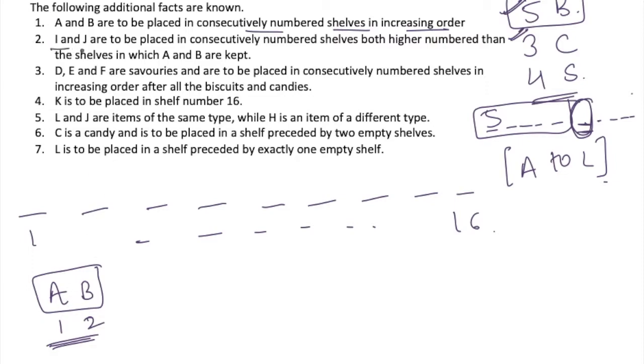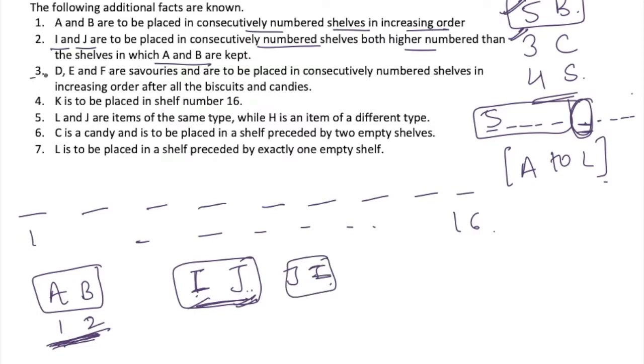Then I and J are to be placed in consecutively numbered shelves, both higher numbered than the shelves in which A and B are. So if I place A and B somewhere here, then I and J will be after A and B, at a higher number. But nothing is specified about the order of I and J, so it can be IJ or JI.